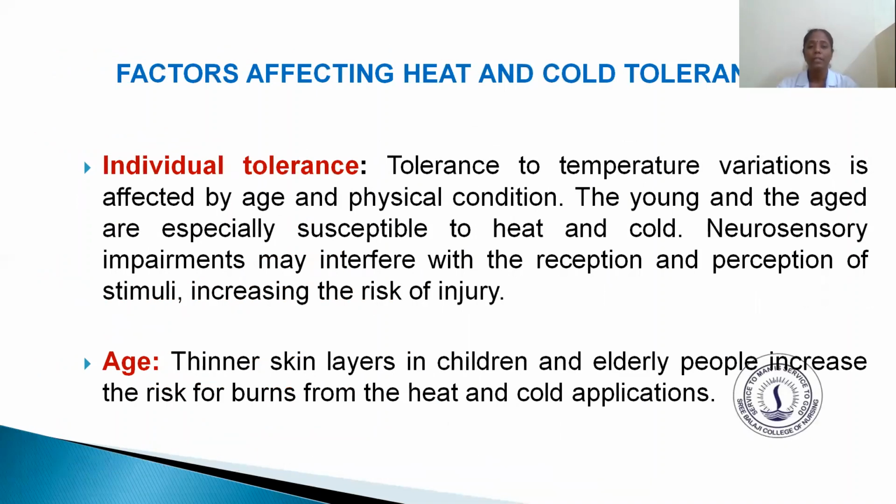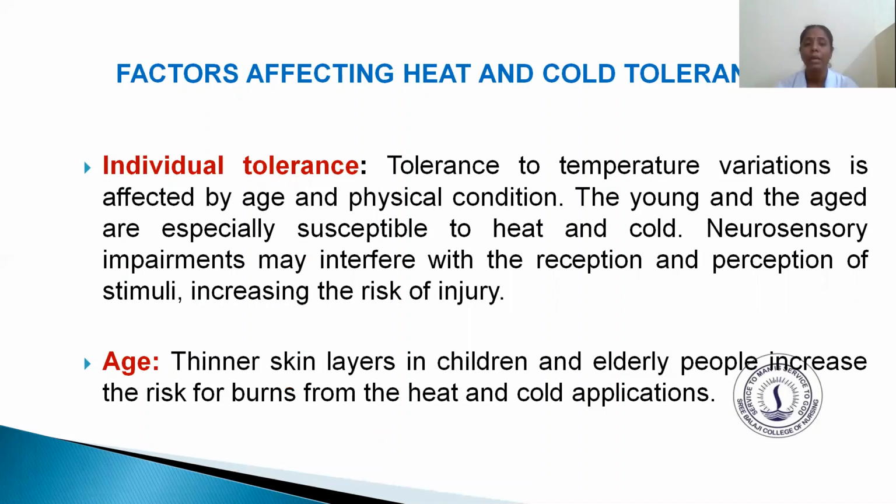Another one is factors affecting heat and cold tolerance. One thing, individual tolerance. Tolerance to temperature variations is affected by age and physical condition. The young and the aged are especially susceptible to heat and cold.